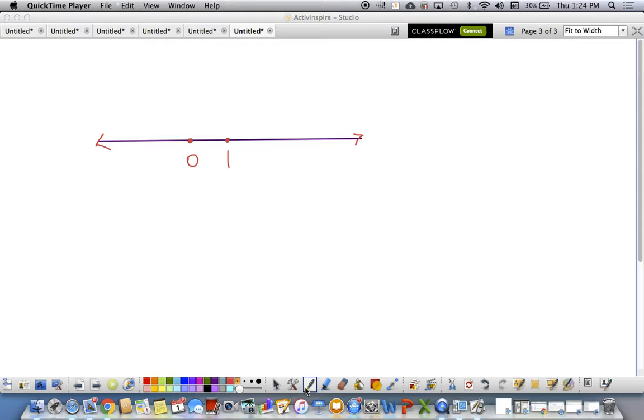But what if I was crazy? Oh, I made my eraser really small. What if I put pi and pi plus 2? Could I do that? What's the distance between pi and pi plus 2? 2. Okay, it's not a trick question. So I can put anything I want now on this number line.